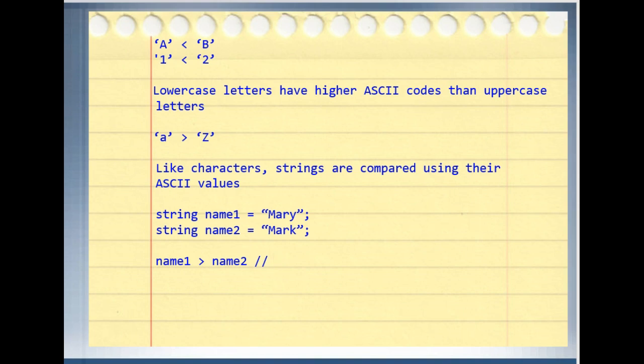Well, the ASCII value for Y is greater than the ASCII value for K. So that means this statement's going to be true. So Mary's greater than Mark.